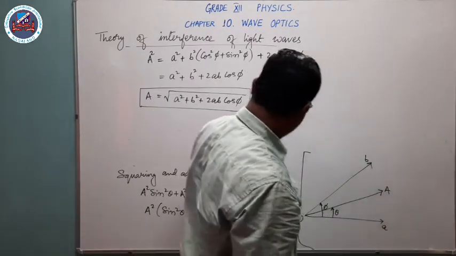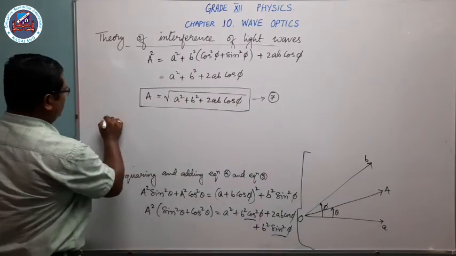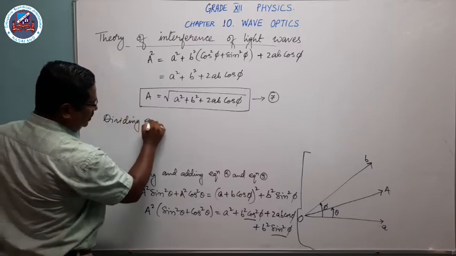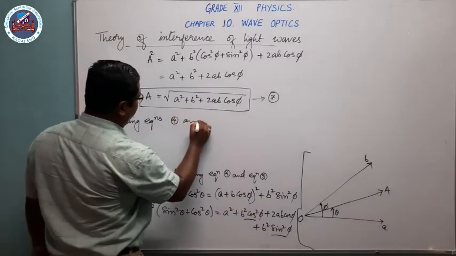Now, to get the value of theta, we have to divide equations 4 and 5.